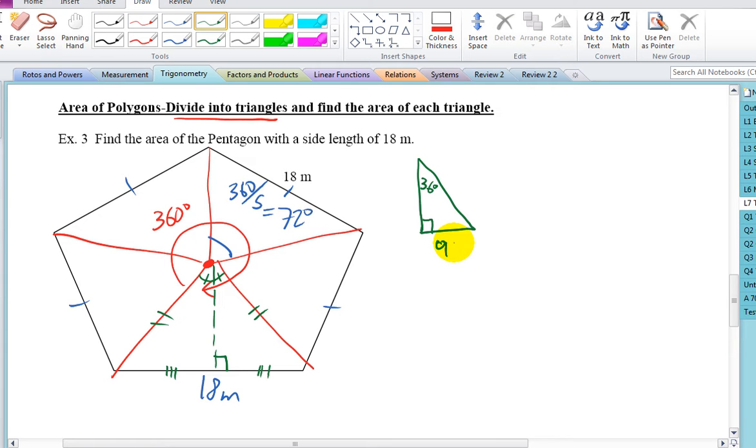How are we going to do that? SOHCAHTOA to do what? To find the hypotenuse? No. Remember, for a triangle, area equals base times height divided by 2. And base and height join at what angle? 90 degrees. So what we have to do is find x. So do SOHCAHTOA to find x.